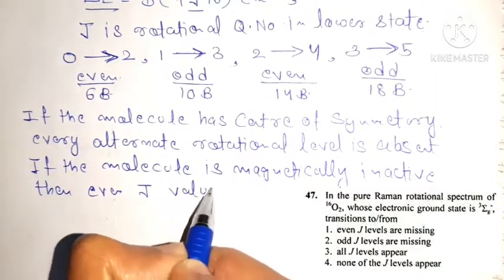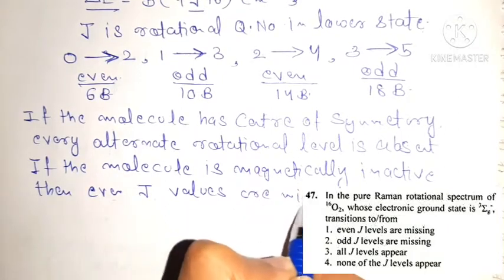Even J values are missing. This is the other rule.